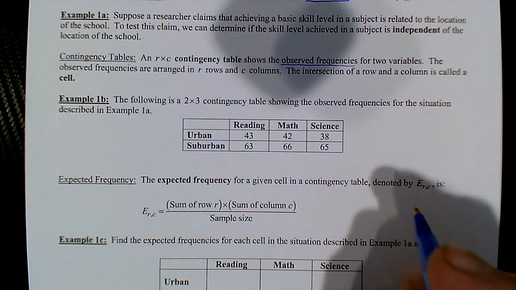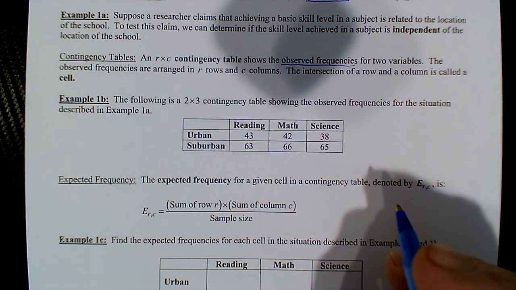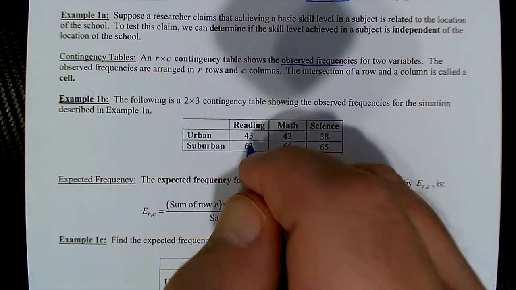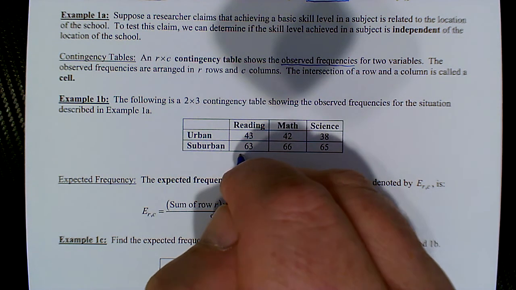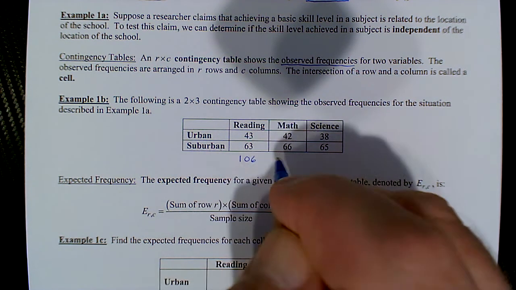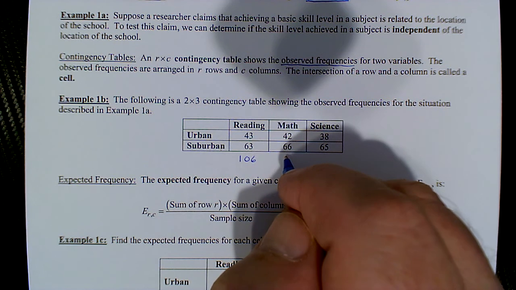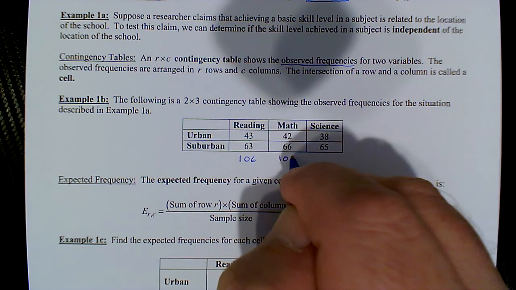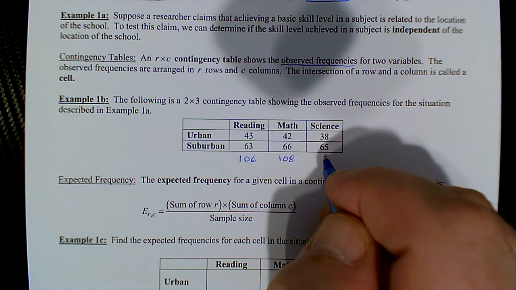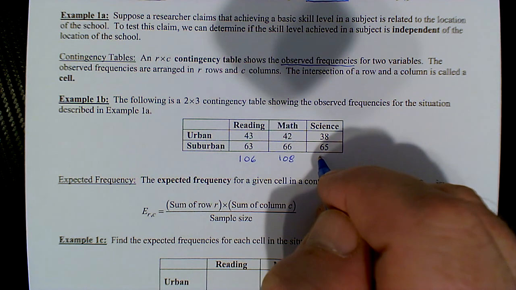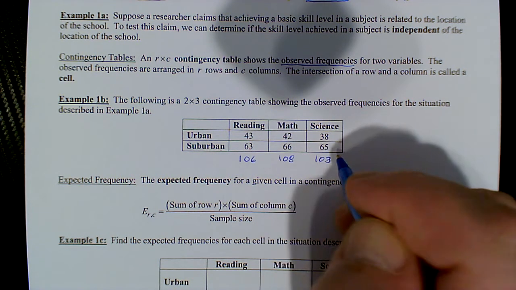What you always want to do is sum the rows and sum the columns. So if we add 43 and 63, we get 106, 42 and 66, 108, and 38 and 65, 103. So those are the sum of the columns.